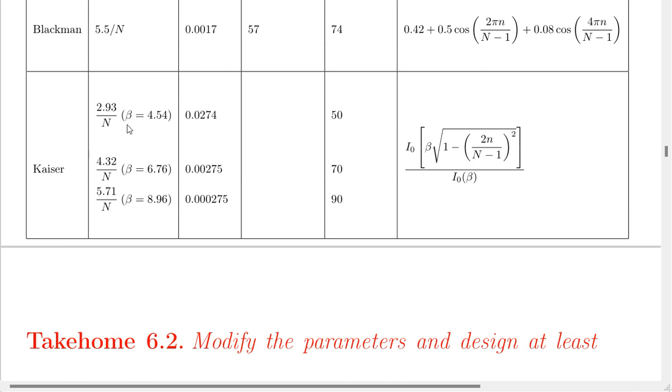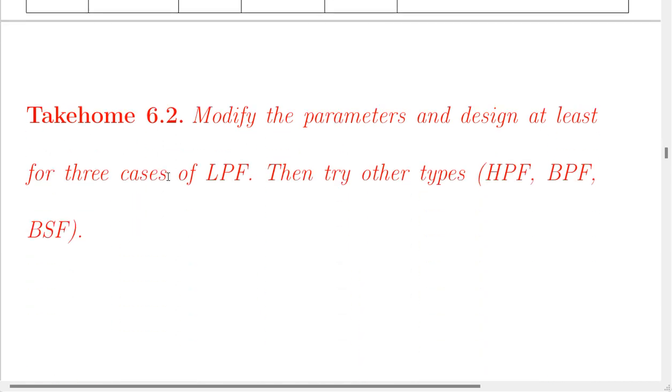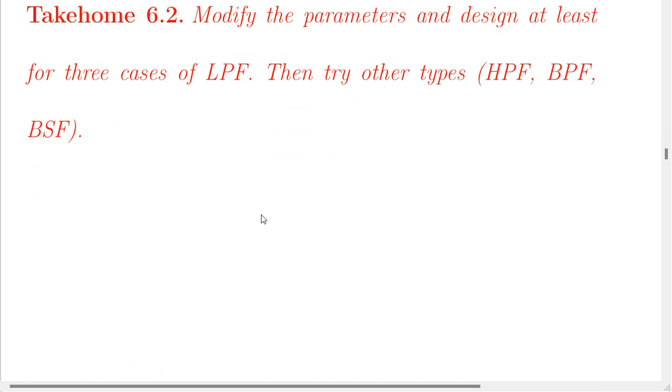And you see here the Kaiser having another extra parameters which will be explained very soon. Now take home 6.2. Modify the parameters and design at least for 3 cases of low pass filter. Then try other types: high pass filter, band pass filter, and band stop filter.